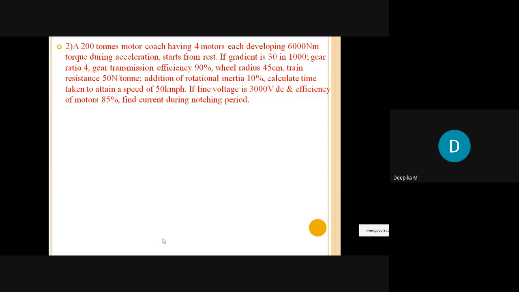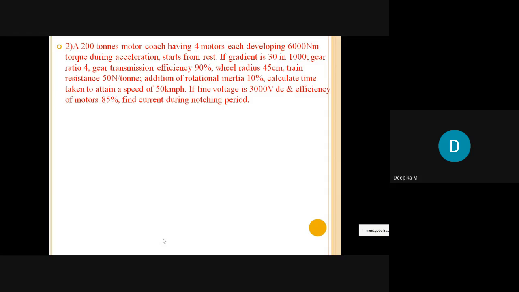So let us understand the problem. The motor coach weight is 200 ton and there are four motors, each developing 6,000 Newton meter torque. So this is not the total torque, it is the torque developed by each motor. Remember that. The gradient they have given, and the gear ratio gamma they have given, and gear transmission efficiency eta they have given.